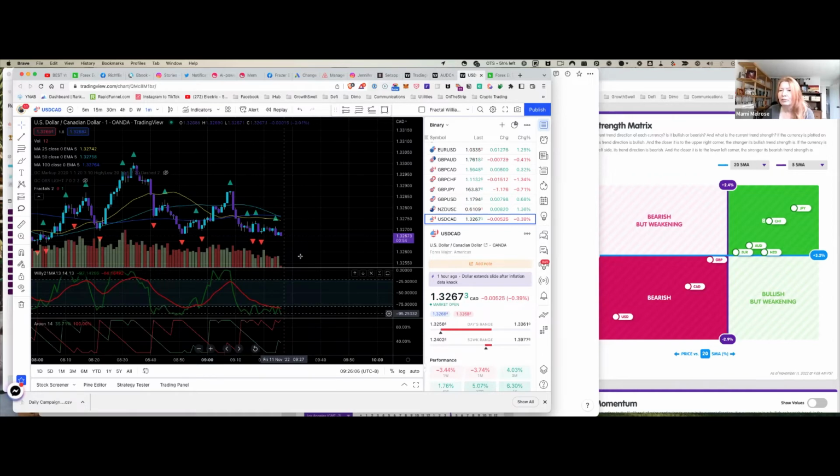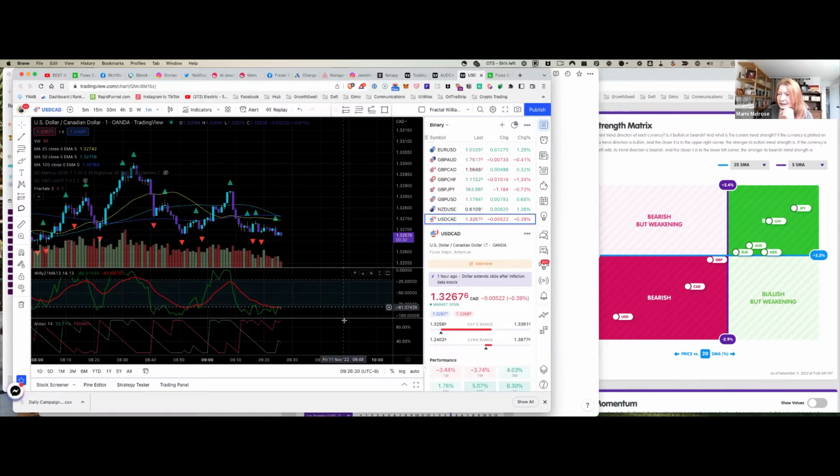kind of unlikely. We may go down to here, which is actually right there. This is kind of like the farthest point that we could go down before it has to turn around. And it just has to, because we're overbought, right? And we can see that down here.